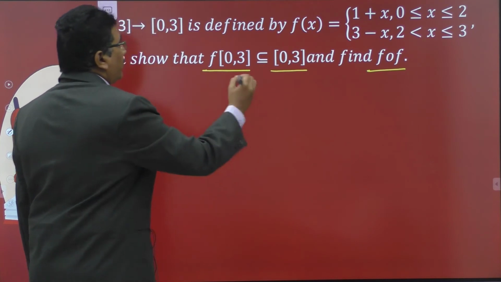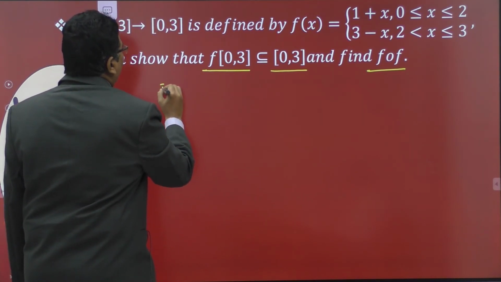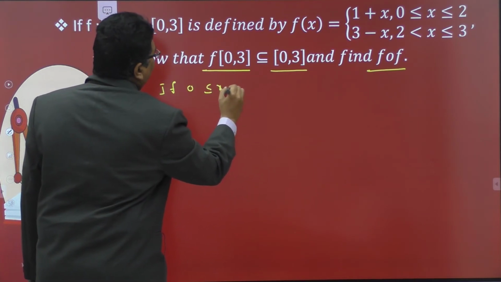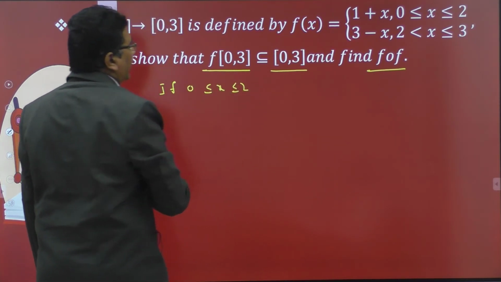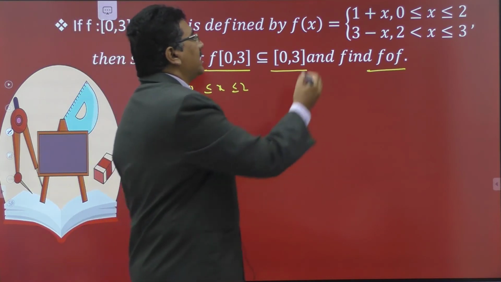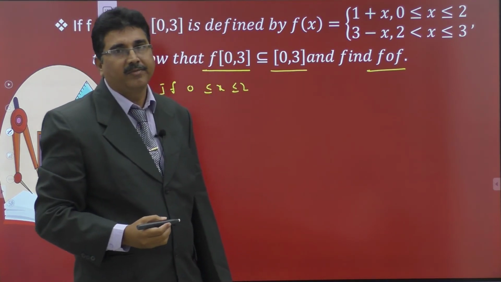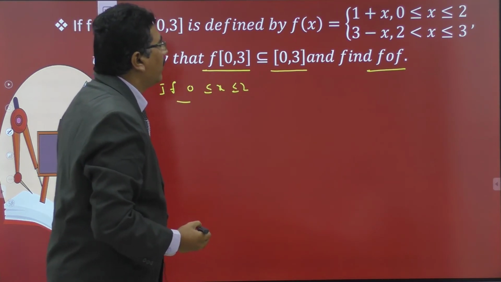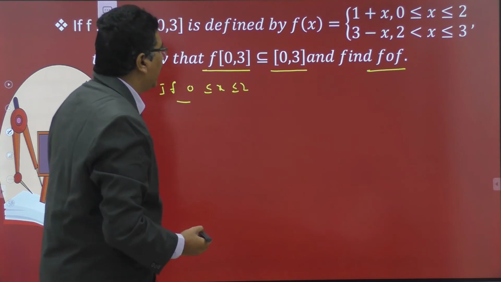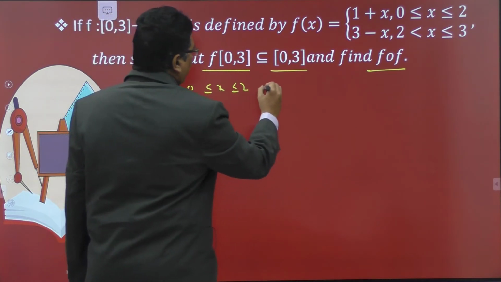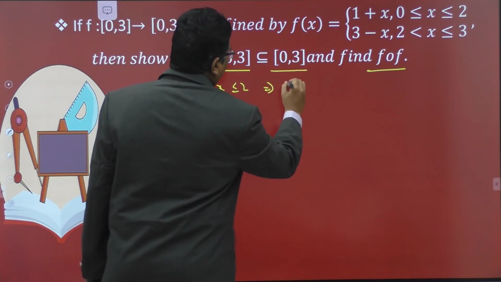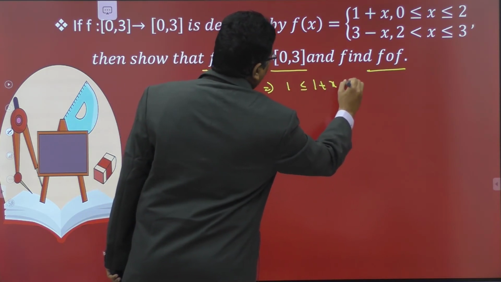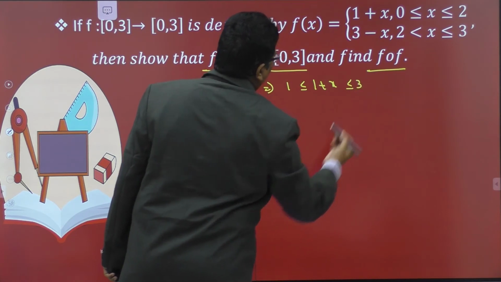Right. If 0 is less than or equal to x less than or equal to 2, then 1 plus x lies between, simply adding 1 to the inequality, 1 plus 0 less than or equal to 1 plus x less than or equal to 3.